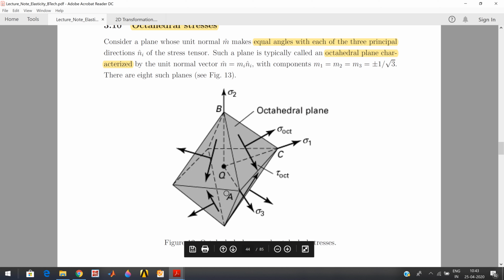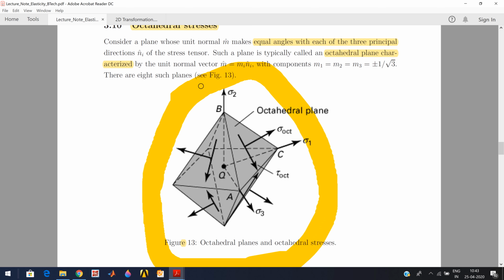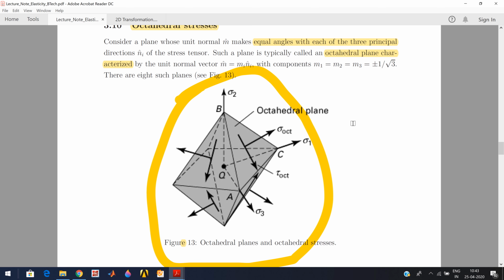You can see that from this picture. On that plane you will have both normal and shear stress components, which will be defined as sigma oct and tau oct, sigma octahedral and tau octahedral.